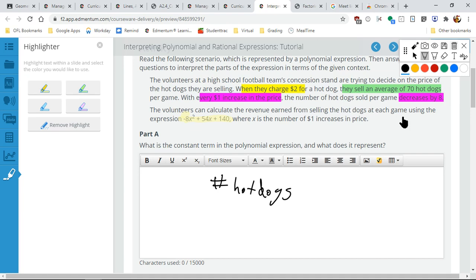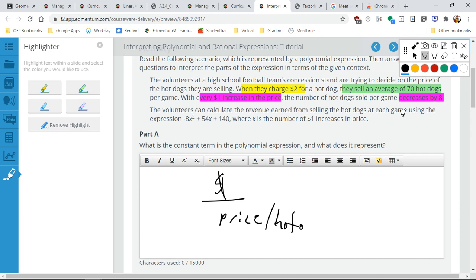So in other words, give me a second. A better way of doing this is we're taking our money and dividing it by the price of a hot dog. Hot dog. This is why I'm not an English teacher.